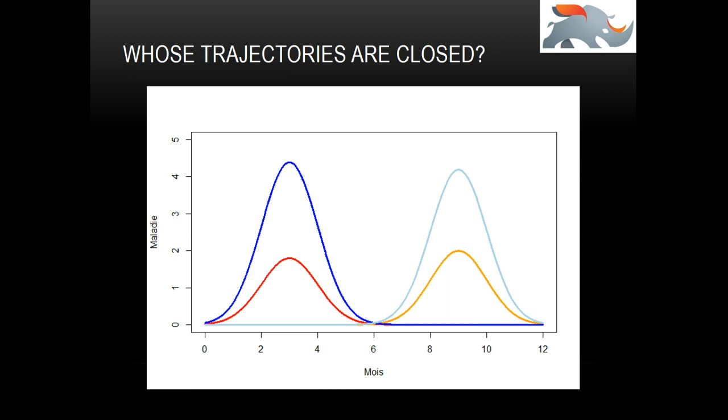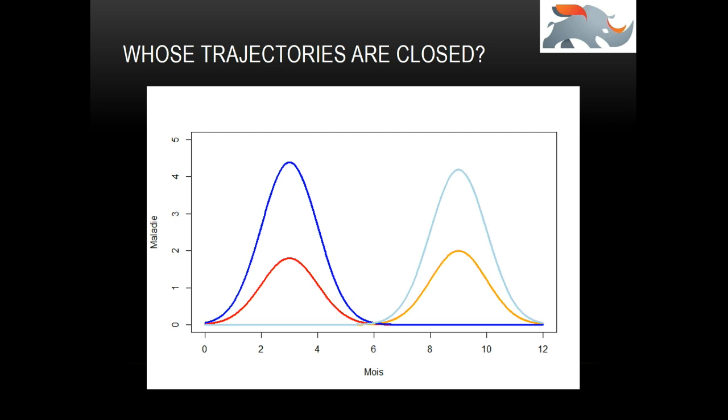What I'm going to do today is to work on shape. So in this example, we have four people, and many classical clustering algorithms will just put together the blue and the red. The classical algorithm just puts together the people who have similar shape.